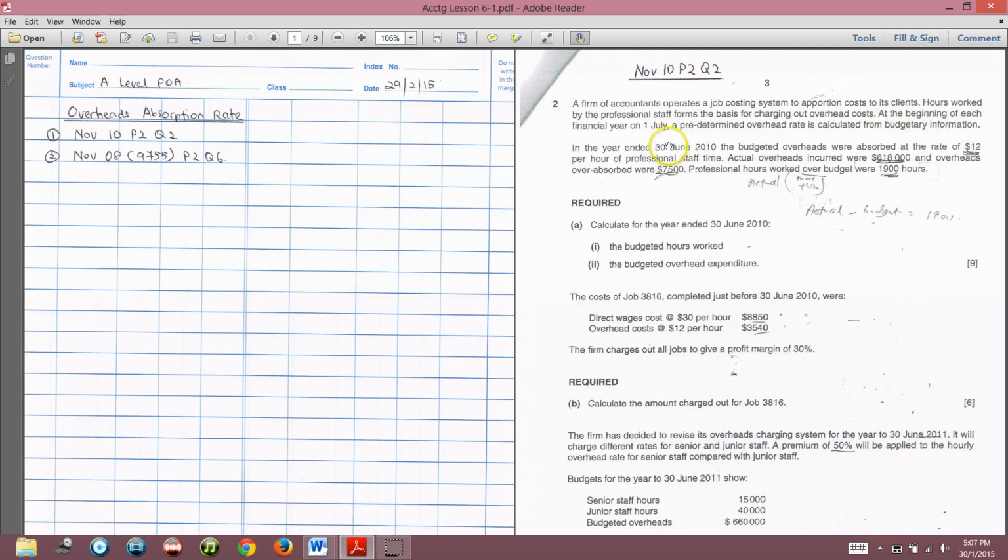At the beginning of each financial year, a predetermined overhead rate is calculated from budgetary information. Like what I have explained in the previous video, at the beginning of the year or even before the start of the year, we will do the budgeting to calculate a predetermined overhead rate, which we call the overhead absorption rate, right?